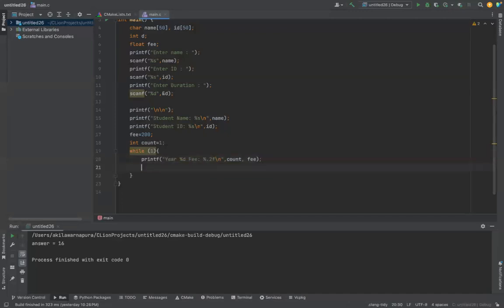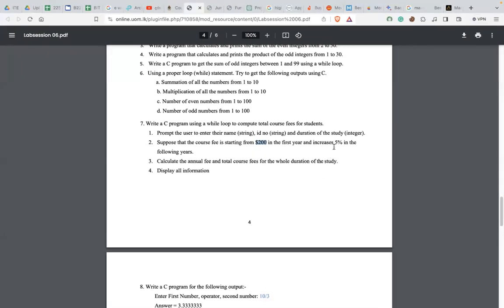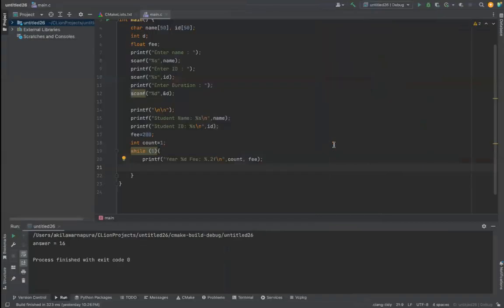Initially you put year 1 and the fee is $200. Before you go to the next year, that means year 2, we have to calculate the course fee. How do we calculate? You need to increase the course fee by 5%. How do we increase?